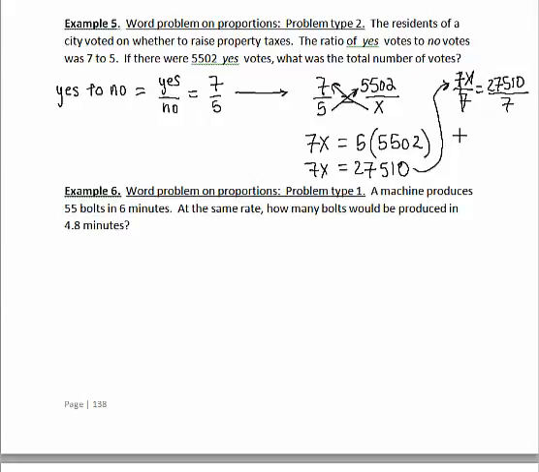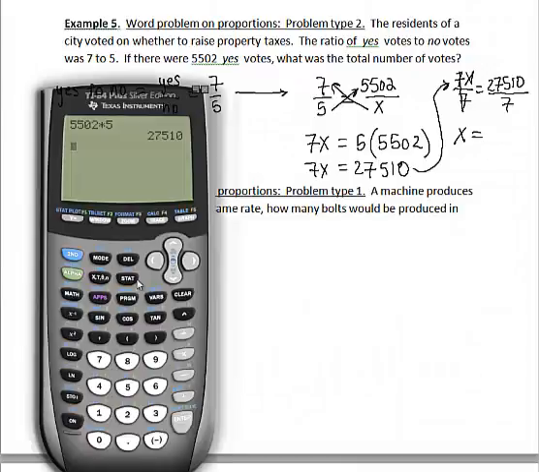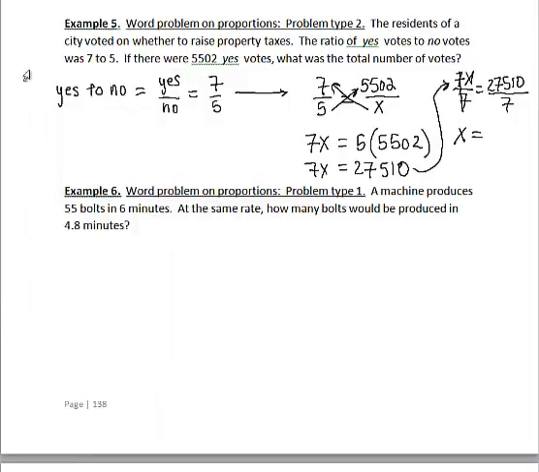These 7's cancel on the left, leaving x by itself. Bring my calculator back up and divide 27,510 by 7. And that gives us 3,930. And these are no votes.